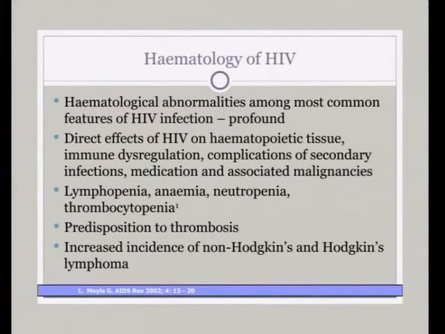We know that you have a 50 to 200 times increase of non-Hodgkin's lymphoma. Of the 30% of patients with HIV that develop some kind of lymphoproliferative disorder, many will be Burkitt's lymphoma, and Hodgkin's lymphoma has about 8 times that of the general population in terms of development.